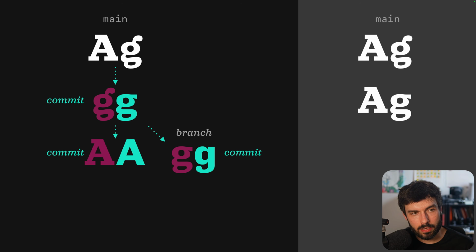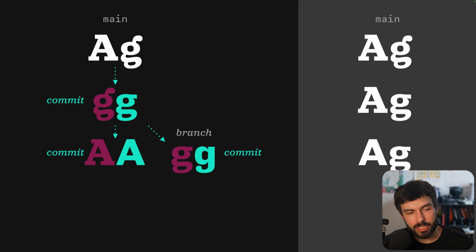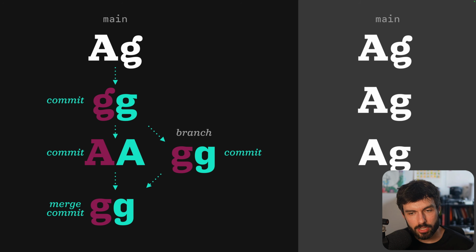So maybe whoever's in the main branch or in their own branch decides to make the uppercase sans serif, and then you've gone and made the lowercase g single story. The state of the project in main is only the change that happened in that main branch. So the A is sans serif now. But you can do a merge, which merges your change into the main branch. And so now you've got the sans serif A with the single story G.